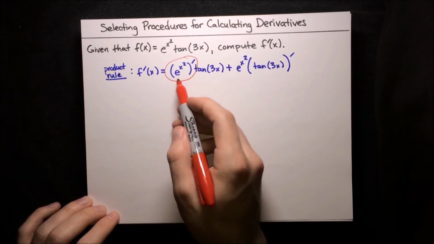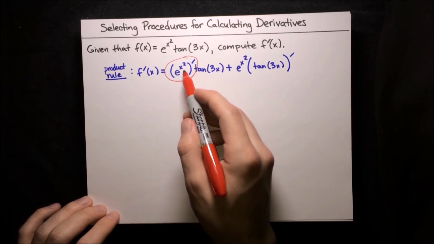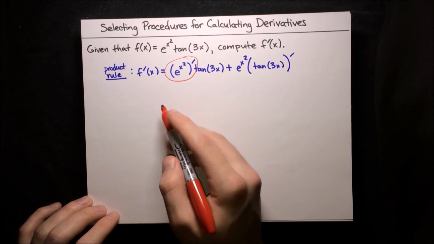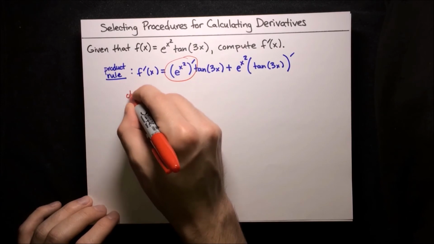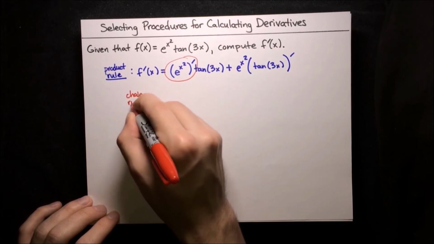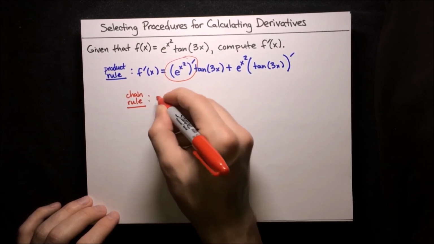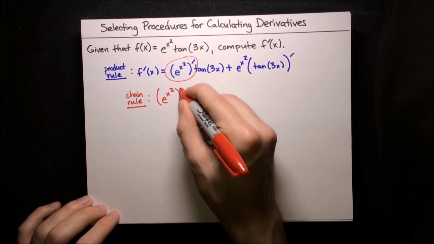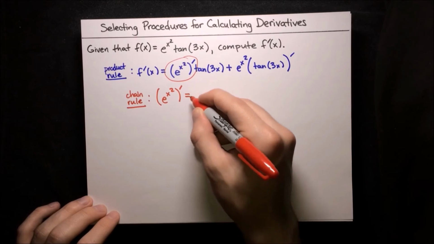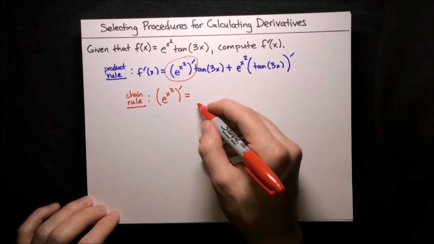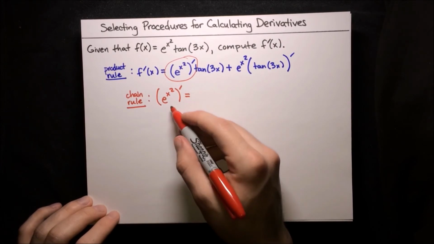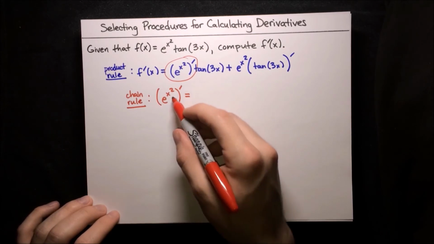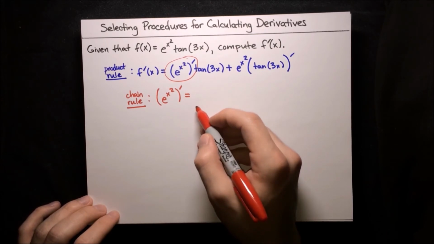Since this is a composition of functions, it's x squared, that function, and then a function which is e raised to that power, we're going to use the chain rule. And the chain rule tells us that the derivative of that composition of functions is, first of all, just differentiate the exponential function, e to some power, and the exponential function, when differentiated with respect to its power, doesn't change at all.